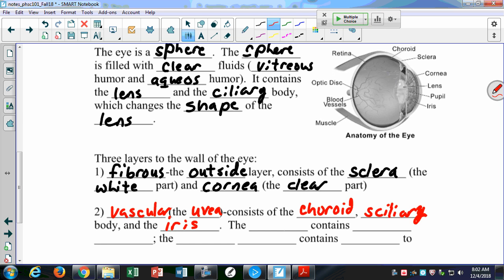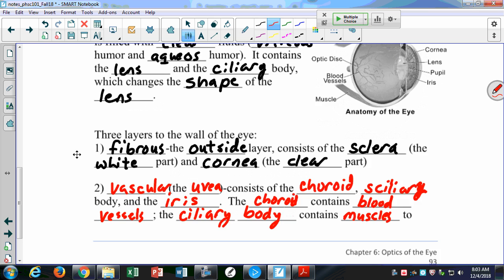The choroid contains the blood vessels. And the ciliary body contains muscles to change the shape of the lens. I think this was a question on your quiz.